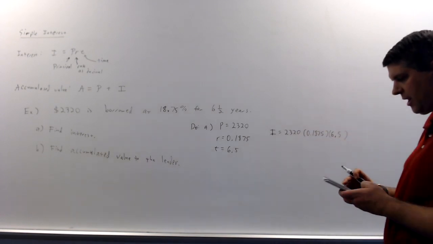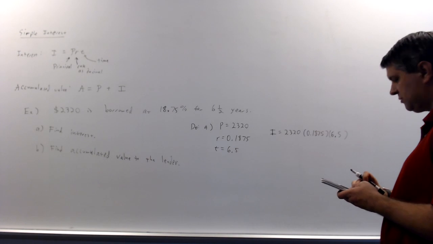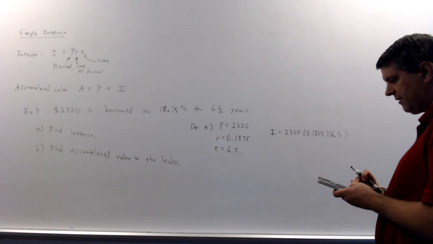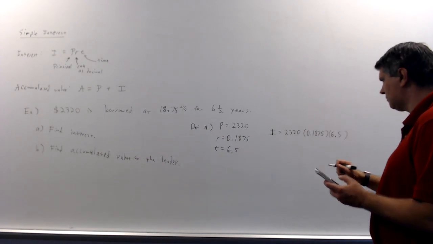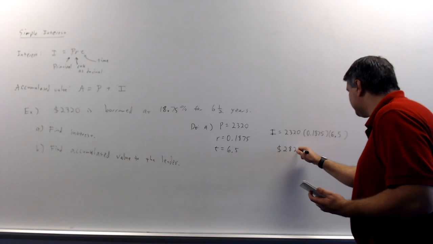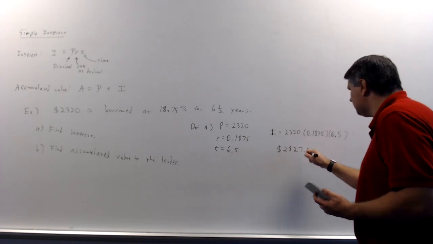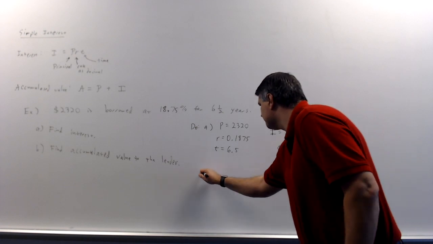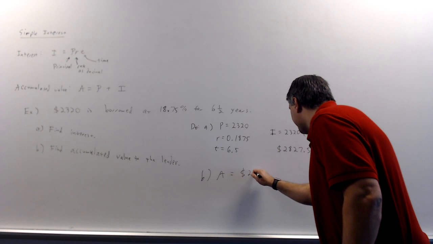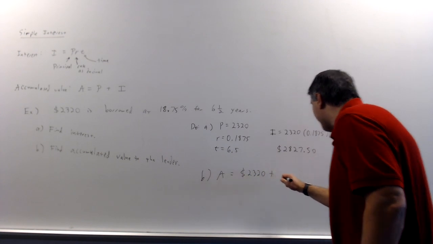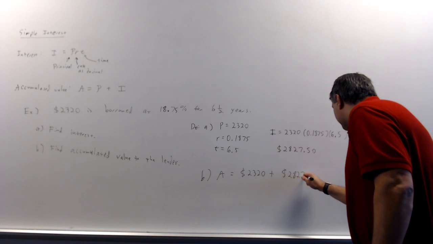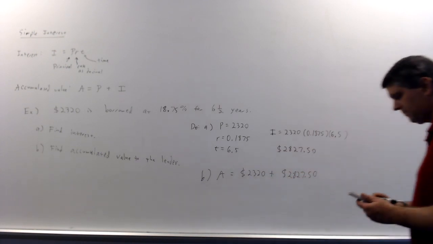Okay, so 2320 times 0.1875 times 6.5 is $2,827.50. B, accumulated value is the $2,320 that will be repaid plus the $2,827.50.